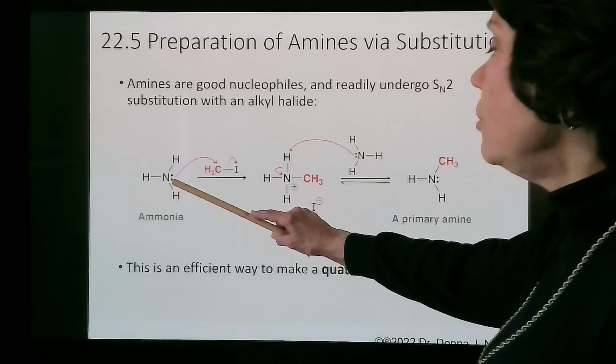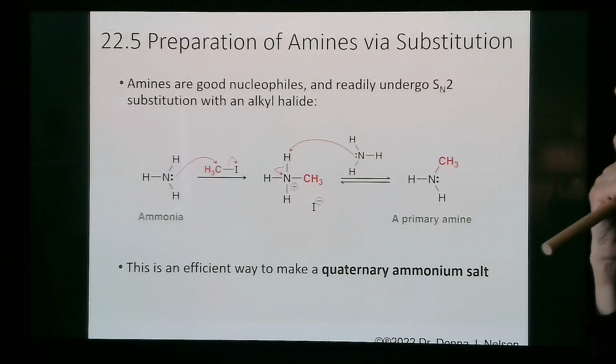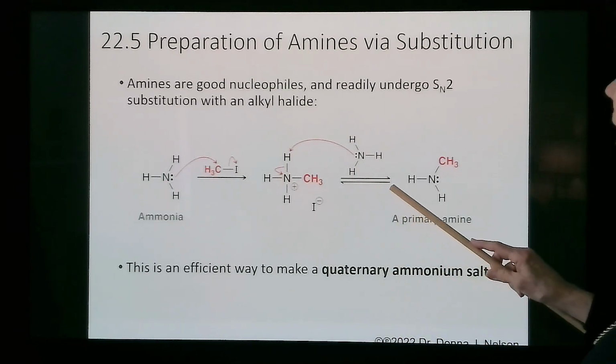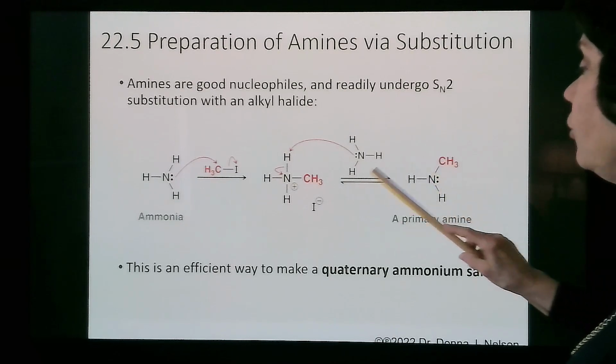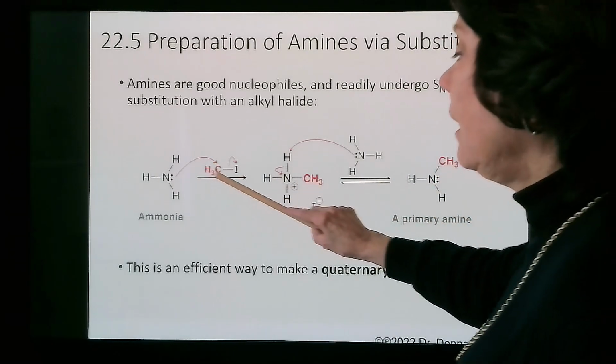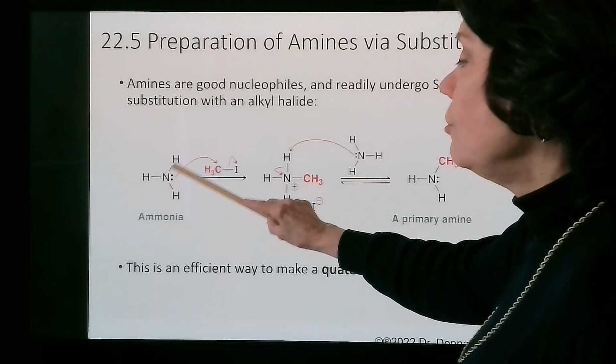If you have ammonia, you can easily synthesize a primary amine. Here, this shows how to get the alkyl group onto nitrogen.